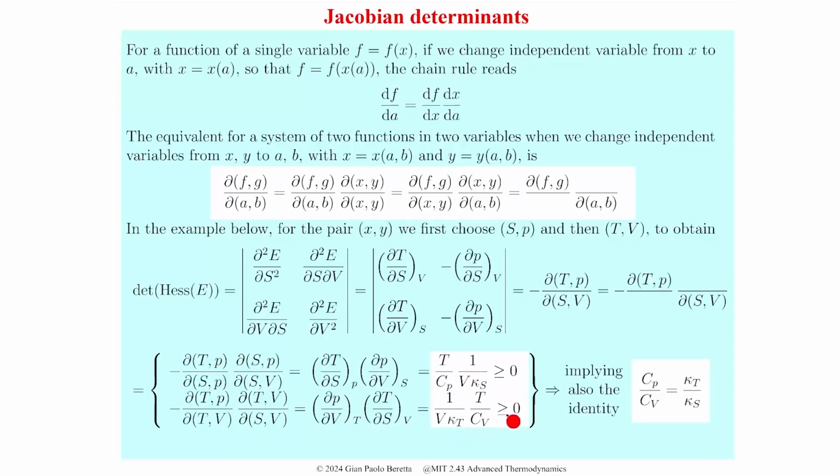Also, this group must be greater than or equal to 0. But since they came from the manipulation of the same stuff, these groups must also be equal to one another.